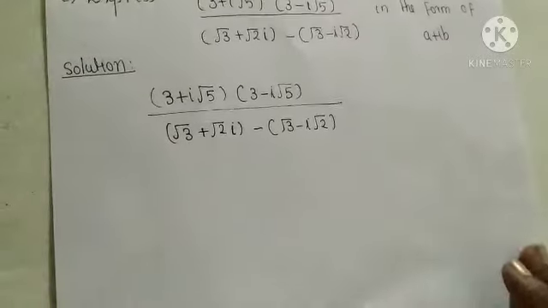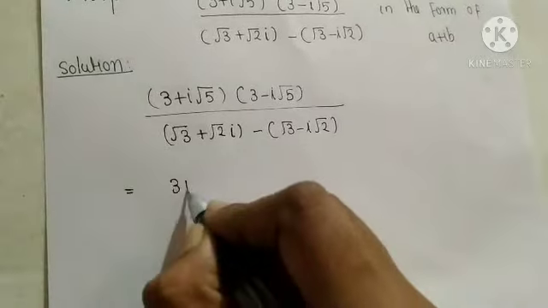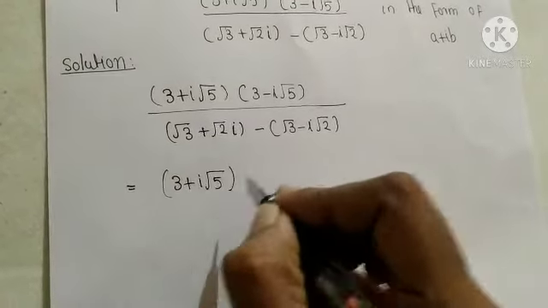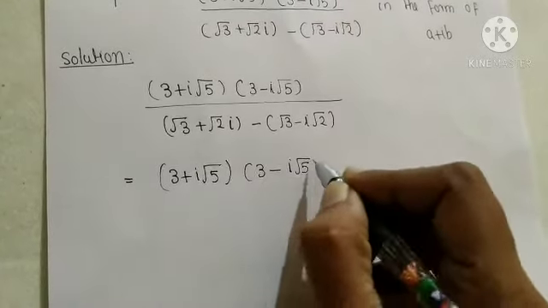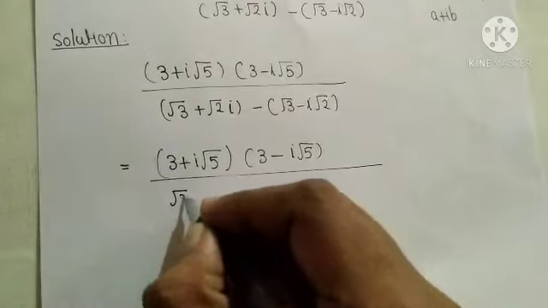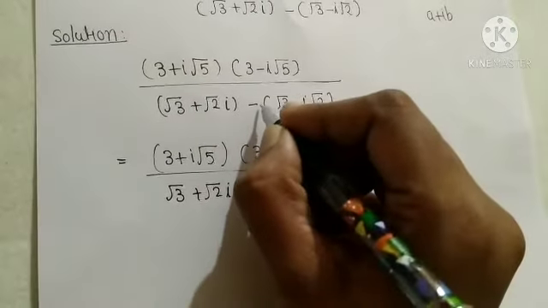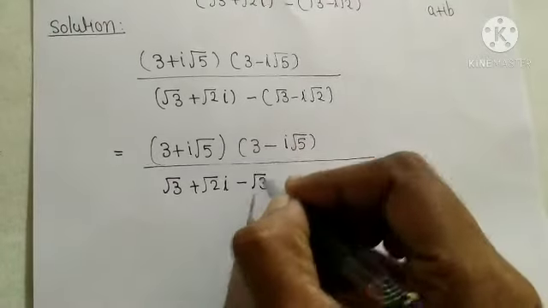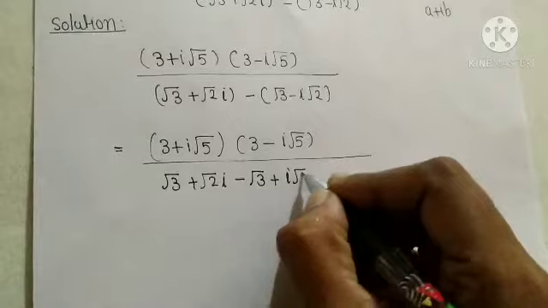So first of all, I am going to change the denominator. The numerator remains the same. Here in the denominator, open this bracket, so it will become minus root 3 and minus of minus, plus i root 2.